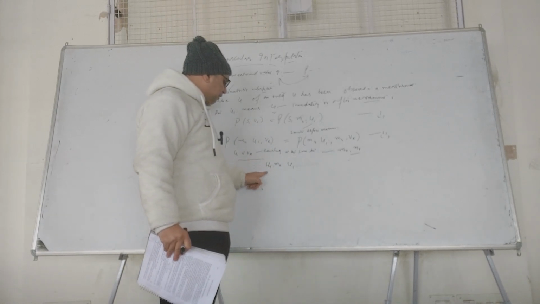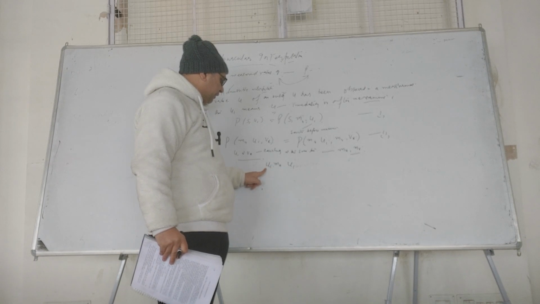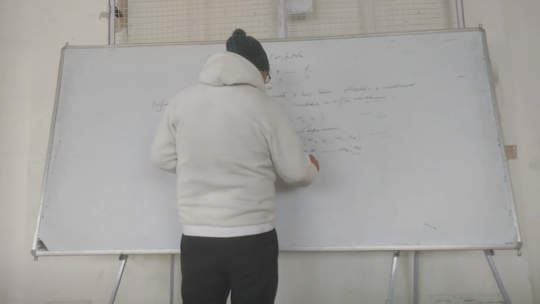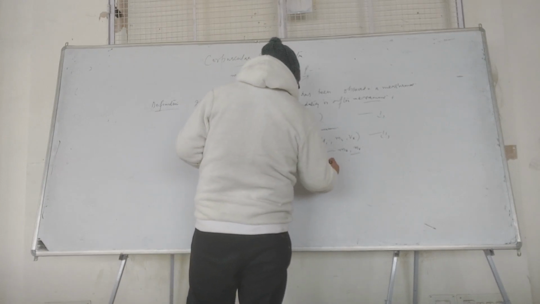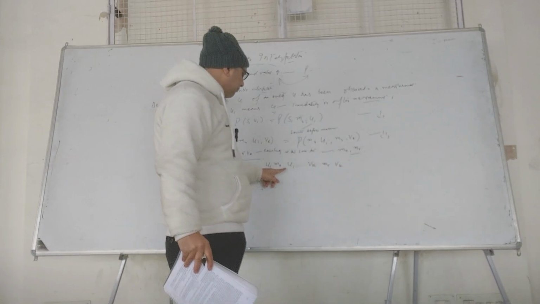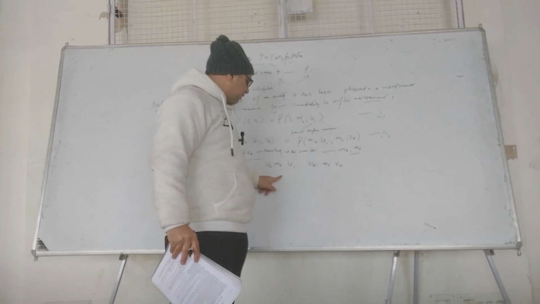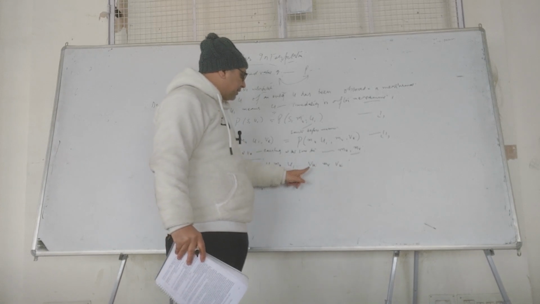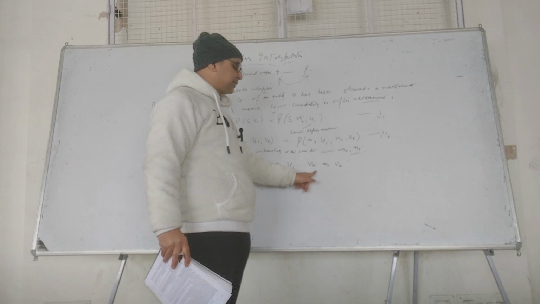Initially its value before measurement was ui, and even after measurement it would be ui. And the other parameter is vk, before measurement and after measurement. But they are not simultaneously, they are not conjugate variables.